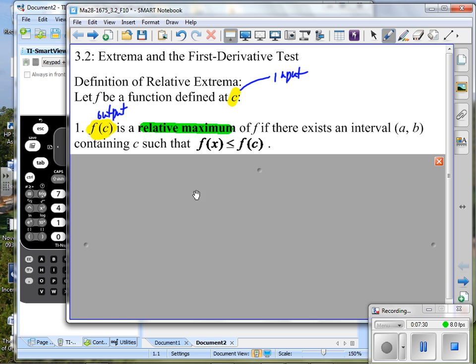Now these get to be sounding pretty complicated. They really do. All we're saying is that if there is some output that's less than another output, then let me say it this way.